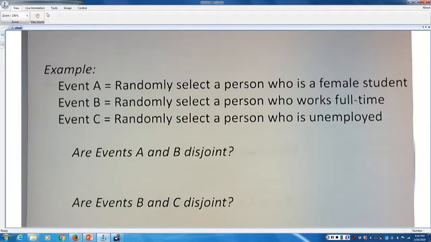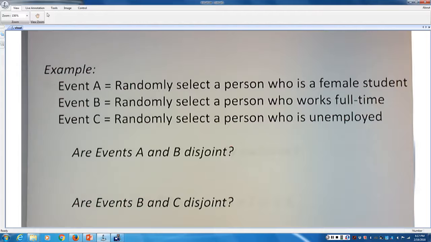Are events A and B disjoint? Can you select a female student who works full-time? Then they're not disjoint. They can occur at the same time. Okay? Don't get those confused. Disjoint means that they can either be a female or they can work full-time, but not both. Okay? Disjoint means but not both. Either or, not both.